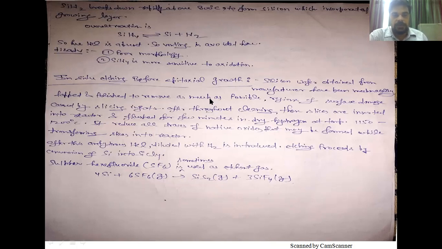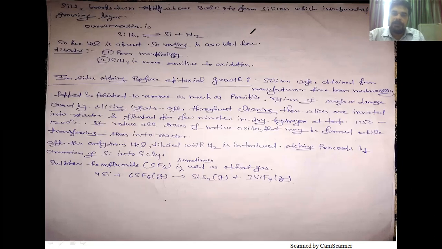In situ means on-site etching, meaning in the chamber itself, you need to etch the substrate or the wafer before epitaxial growth. Suppose you are using a substrate and you did not perform the etching process, and immediately after silicon shaping, you deposit the epitaxial layer.